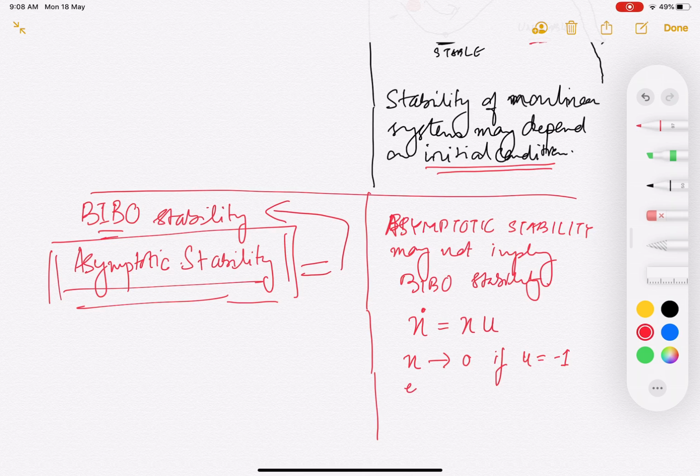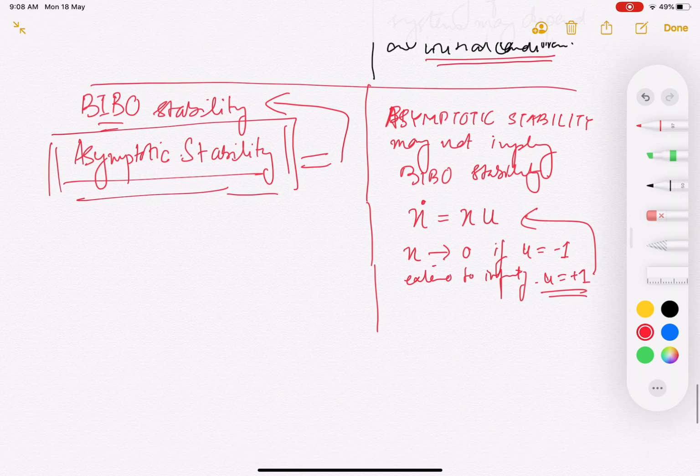Otherwise it will extend to infinity. So despite the fact that u equal to +1, for example, is a bounded input, the system does not remain stable for this input. So the concept of stability for nonlinear systems is input dependent as well, right?